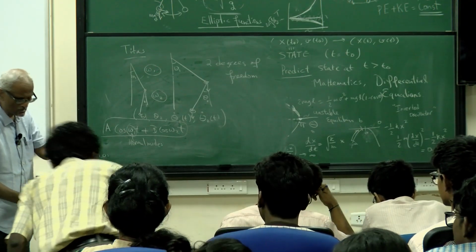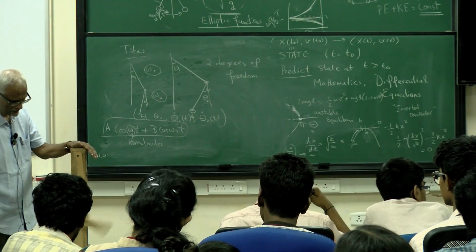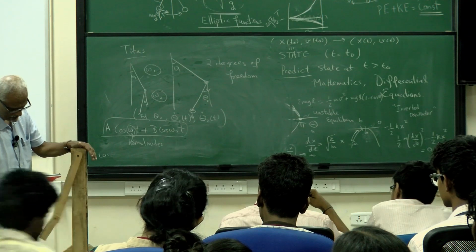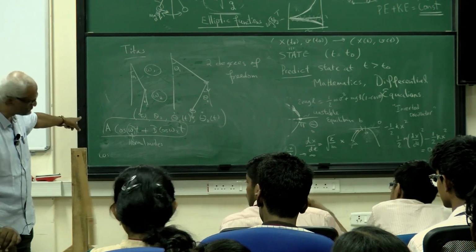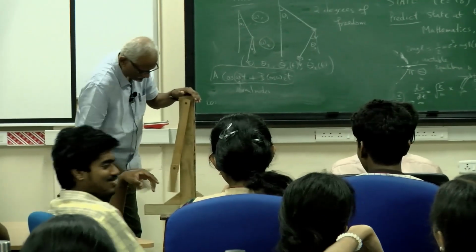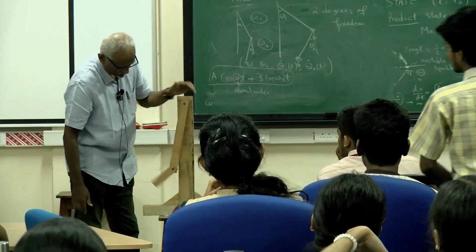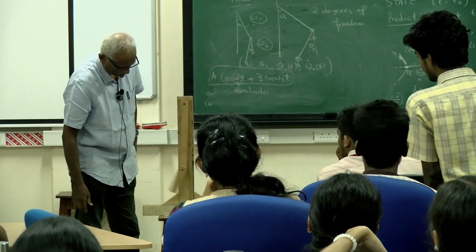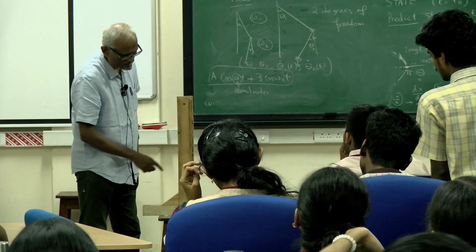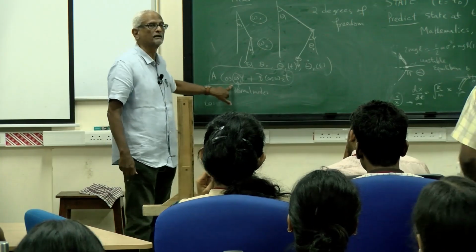Now let me do the other mode like this. This is already some kind of superposition. Let me try again. It's almost periodic, just not exactly periodic, because this itself is not periodic.